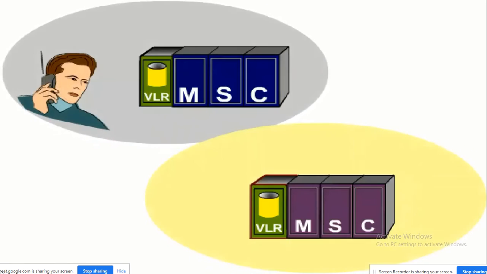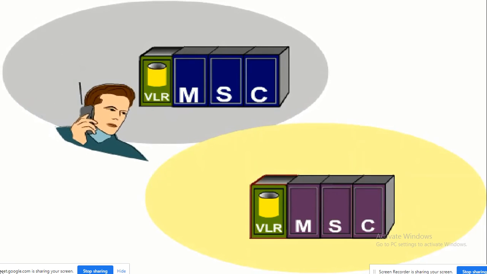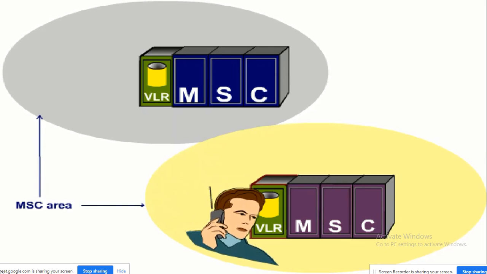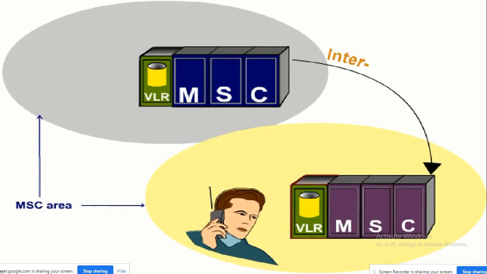If a mobile subscriber, while making a call, moves from one MSC area to another that's covered by a different VLR/MSC, an inter-MSC handover is required. That is, the transfer of the call from the currently serving MSC, or the anchor MSC, to the new MSC, the target MSC.